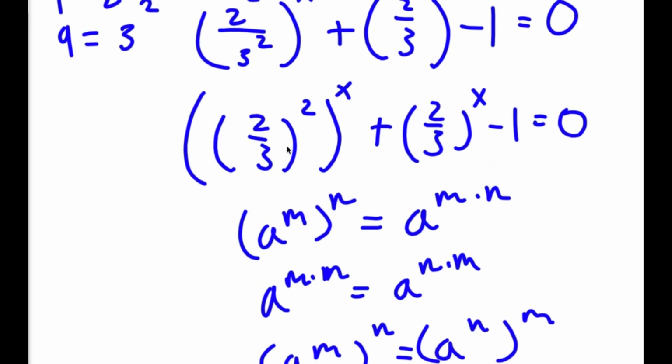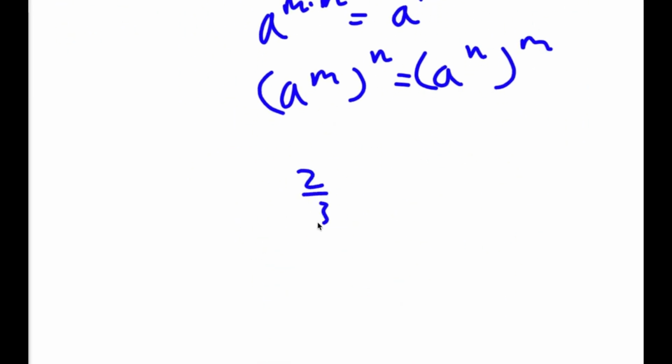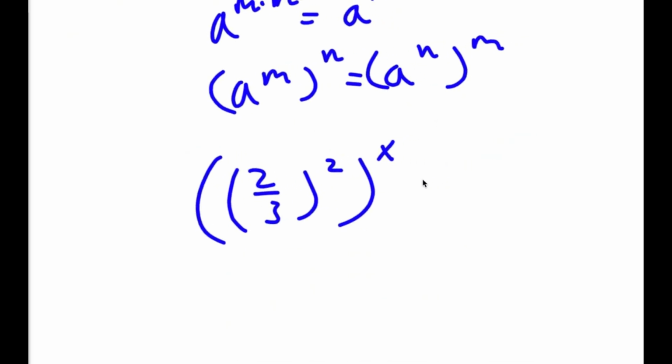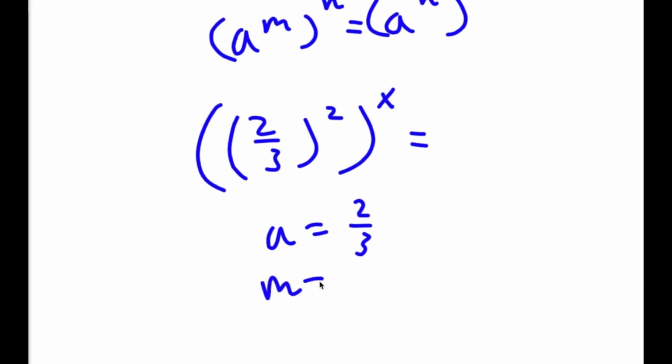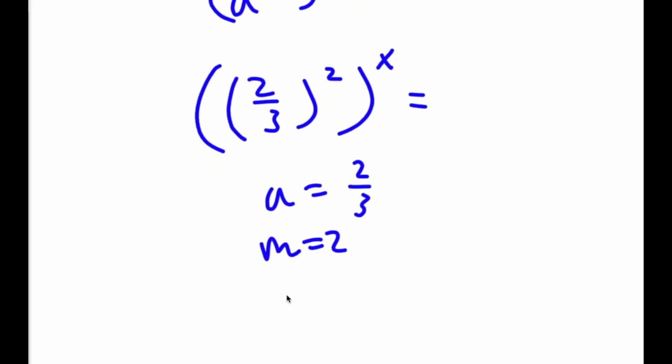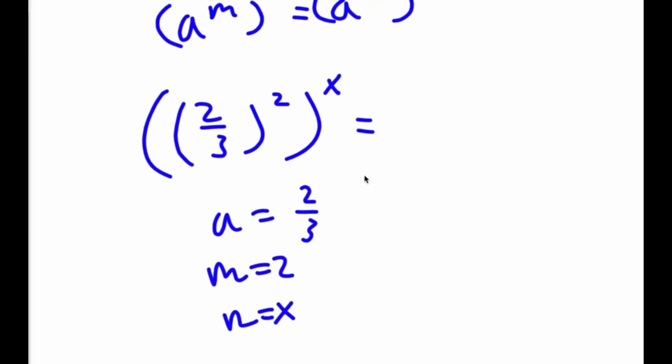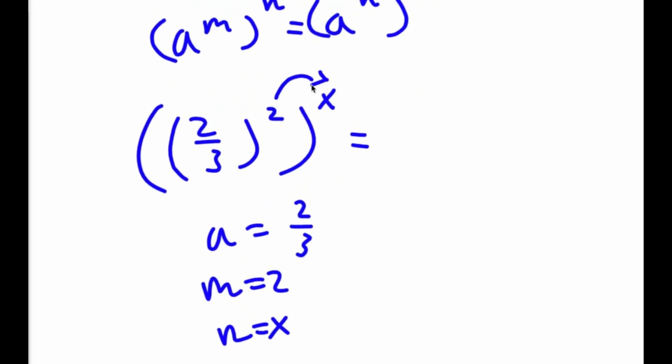So right here, I have (2/3) to the power of 2 to the power of x. And I can think of a as 2/3, m as 2, and n as x. So now I can switch the places of these two.